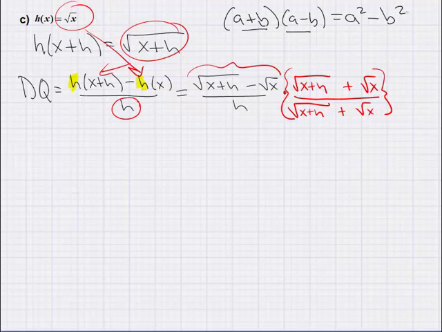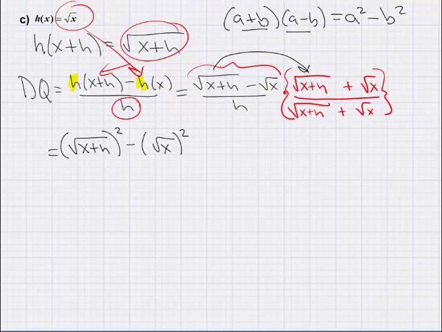So in order to do this difference quotient, I'm going to multiply the conjugates in the numerator, which is going to give me the difference of two squares. So I have the square root of x plus h squared minus the square root of x squared. That's the numerator multiplied out. I could do it the longer way, this times this times this, and so on. But you've got to understand that when I multiply conjugates, I have the difference of two squares.